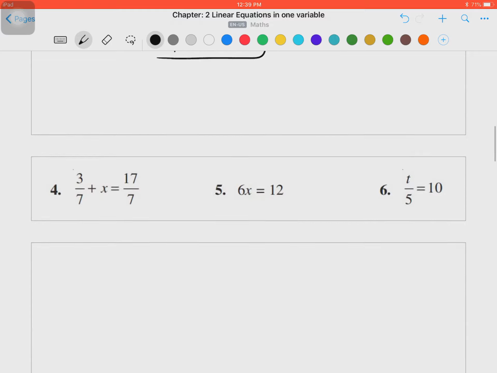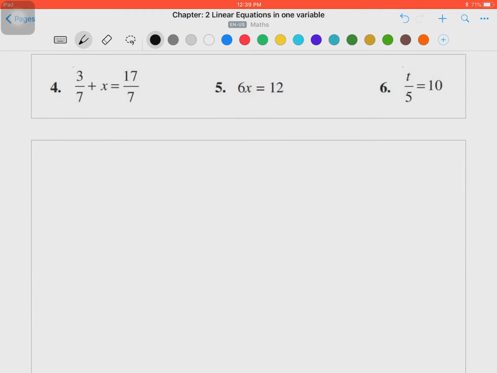Okay, moving ahead. Now we have some more equations. The next one is 3 by 7 plus x equals 17 by 7. The method here will be the same again. We'll keep the variable term on one side and all the non-variable terms on the other side.